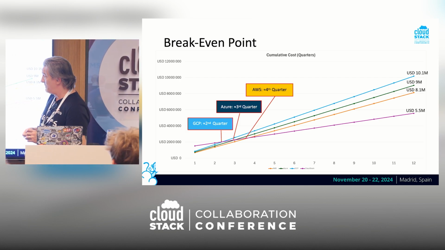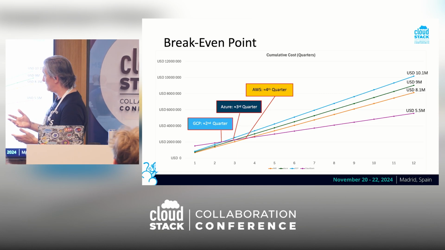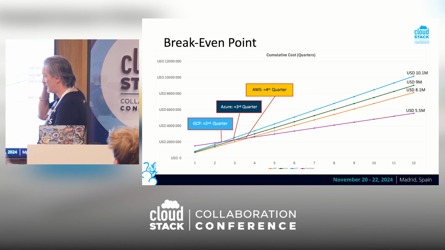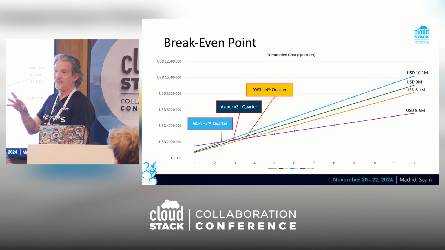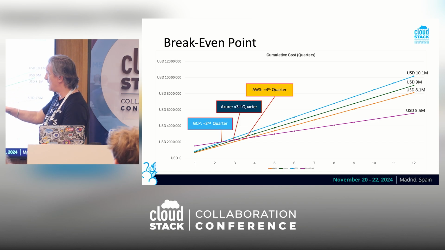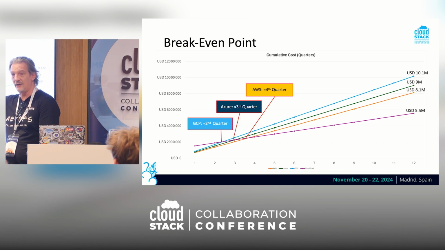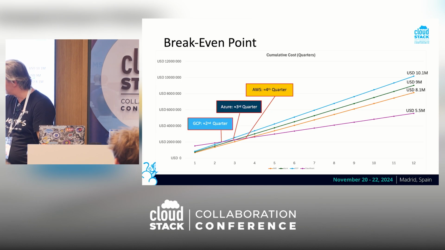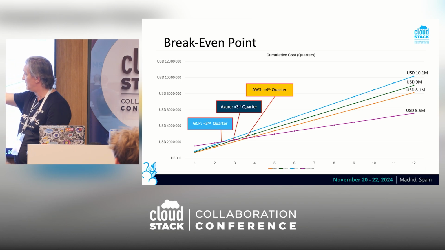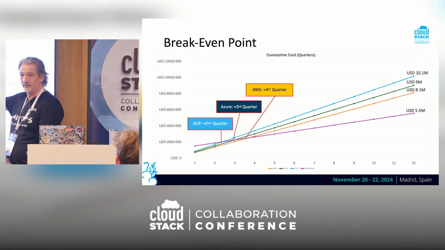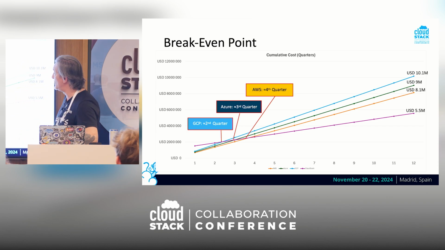But comparing over time, in the second quarter, if I am considering Google Cloud, I start to save money. For Azure, between the third and fourth quarter, and I start to save money related to AWS.